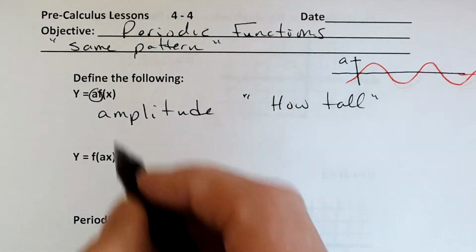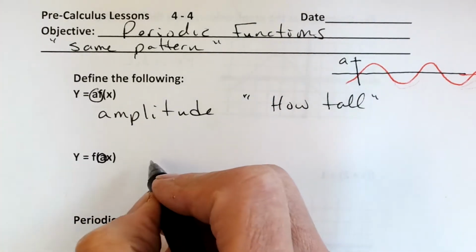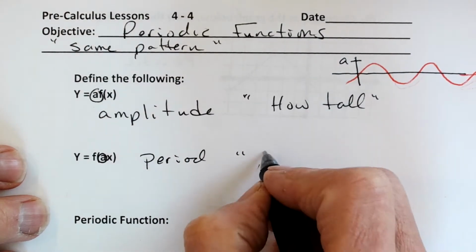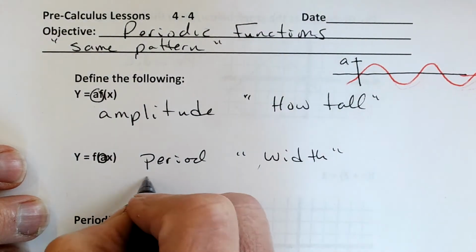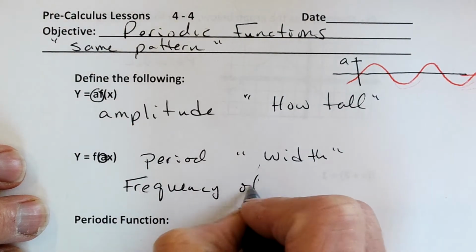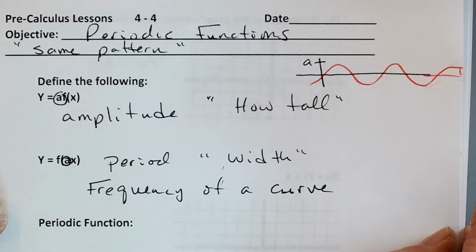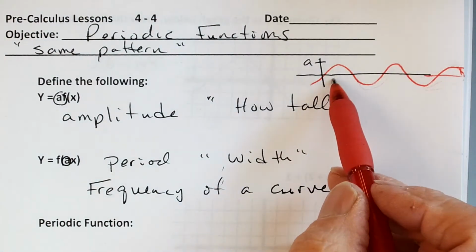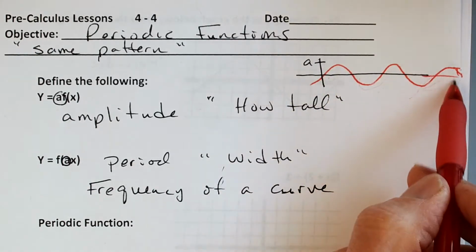If you have f of a of x, that describes its period, or the width of a curve. And we're even going to talk about the frequency of a curve. Let me finish this example. In my example, I have a frequency of 2. Do you see my frequency?